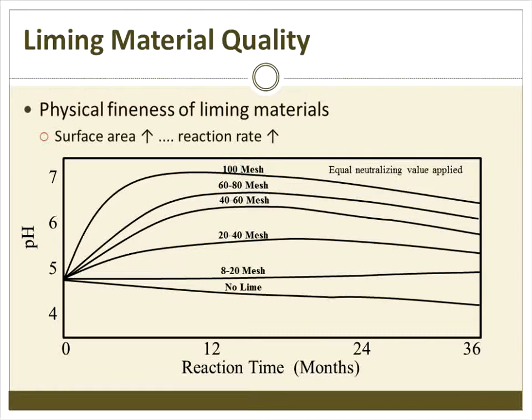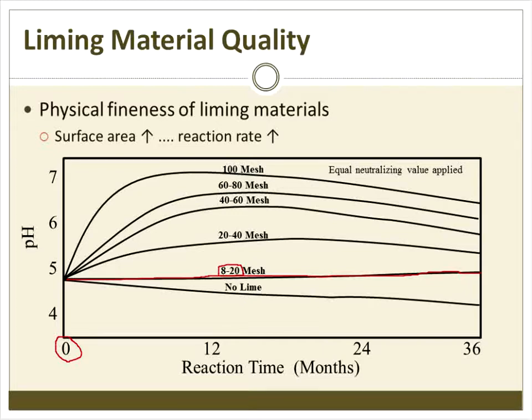and so time 0, that would be today. We go out and apply lime, and it's all 8 to 20 mesh. So it starts this very, very slow dissolving process, by which over 36 months the pH has changed very little, if at all.